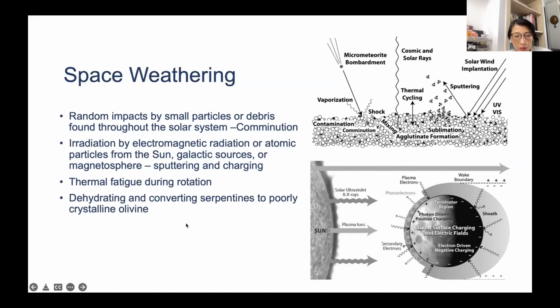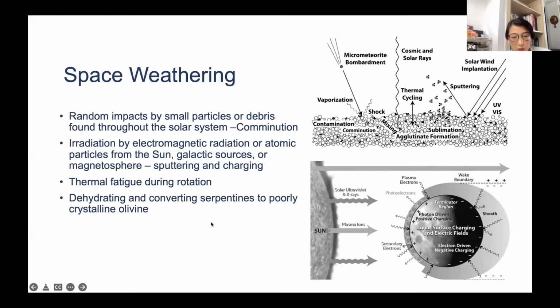Then, because it's near the sun, when the asteroid rotates, the thermal stress and thermal fatigue during rotation can also break down minerals and particles into small pieces.